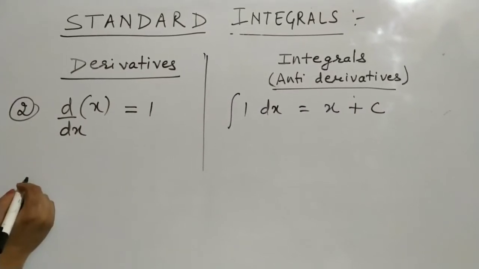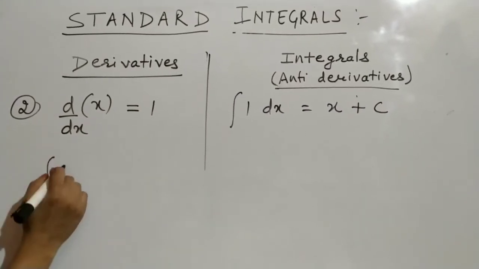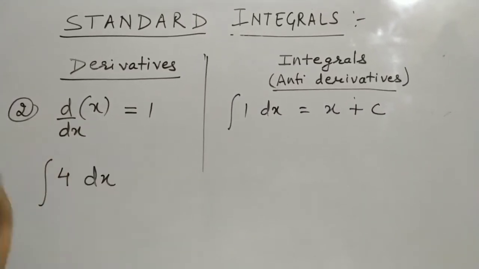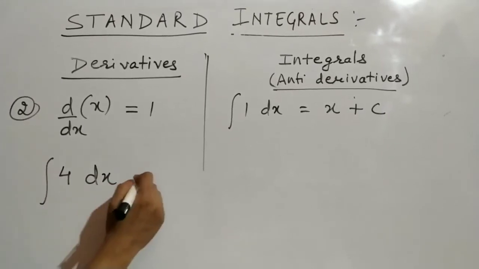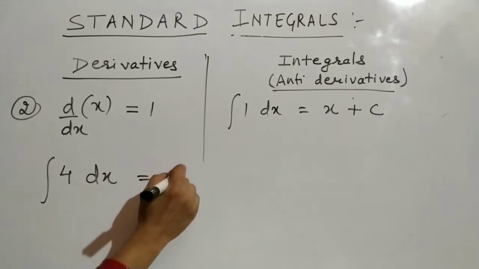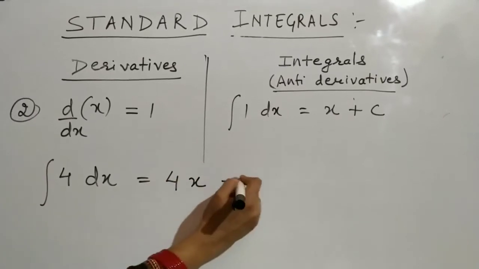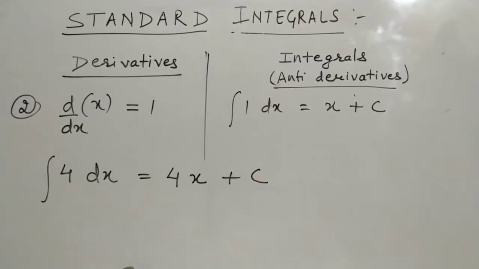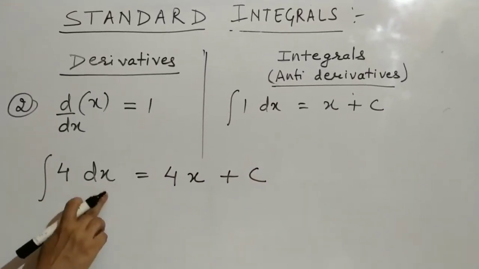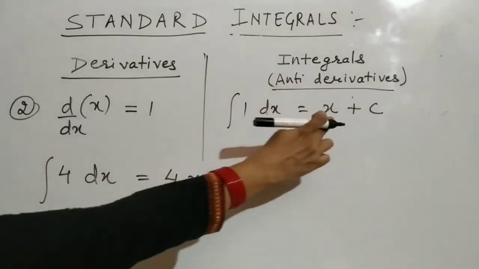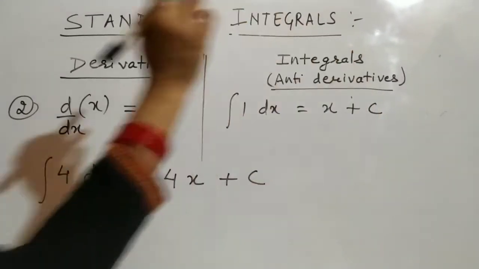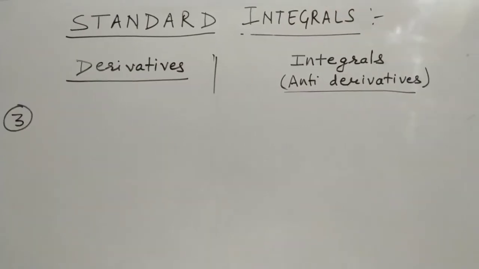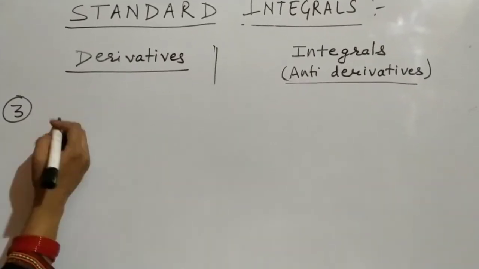Means if we have to find integration of 4 dx, then it is equal to 4x plus c. Integration of constant term with respect to x is equal to x plus c.